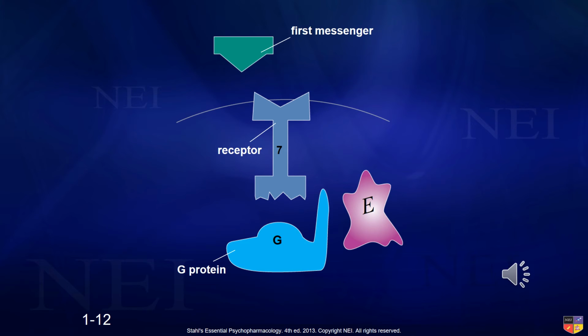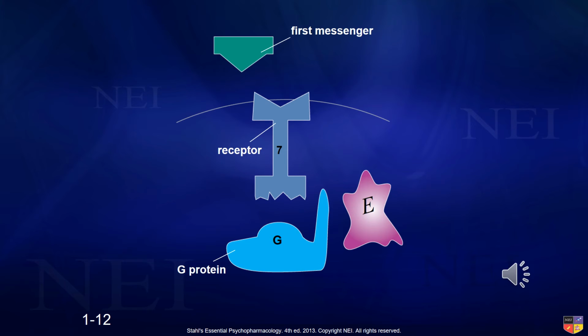All right, now if you follow to the bottom of this blue figure with the 7 on it, you see this jagged edge. Well, when the first messenger at the top binds into that V, watch the change of that jagged part at the bottom of this 7 receptor.